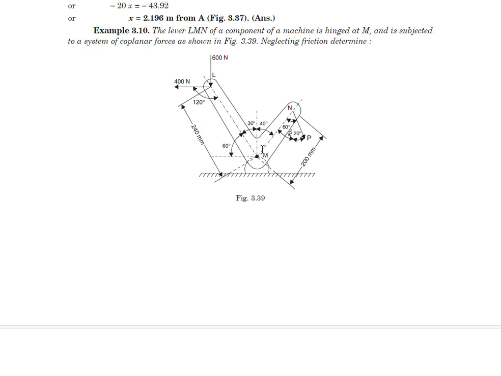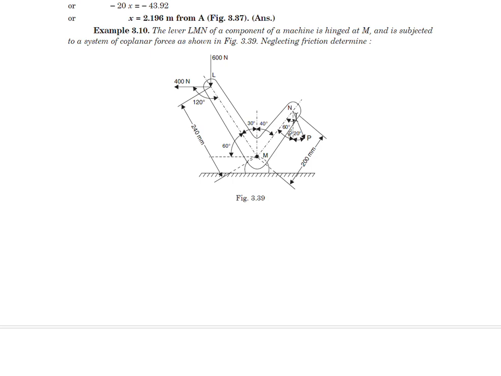So we will apply two conditions here. One is equilibrium of the moment, that is the sum total of the moment about point M will be equal to 0, because these two forces are given, 600 Newton, 400 Newton, and we will find out the moment of these two forces about point M by taking the force into the perpendicular distance. And then for point P, the angle is given to be 60 degrees with this line NM.